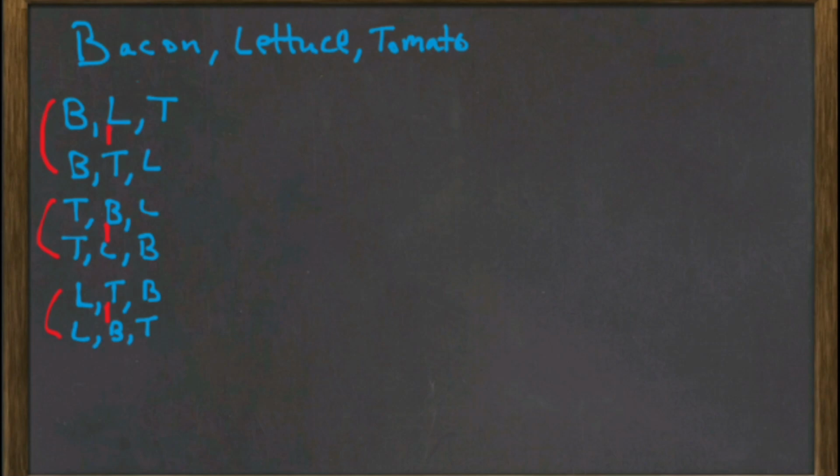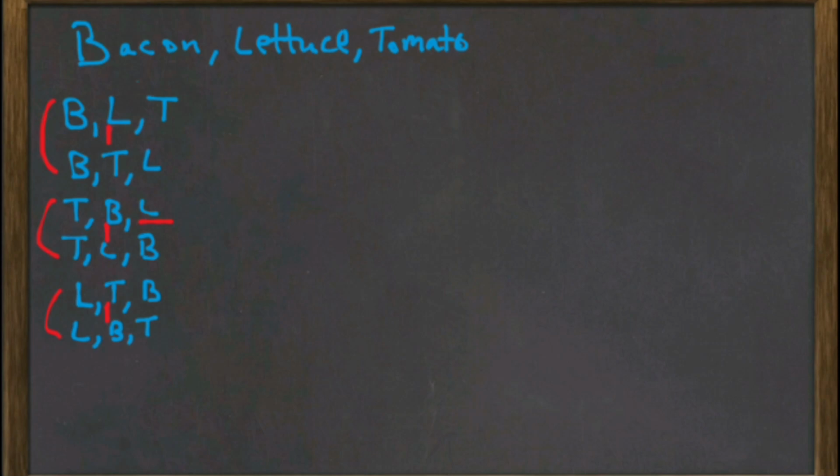So if we have chosen bacon, we can only choose lettuce or tomato. So we really have 2 choices. And then lastly, depending on what we've chosen thus far, if we've chosen tomato, bacon, we only have 1 option left. Okay, so we in some sense have 3 options, 2 options, and then 1 option.